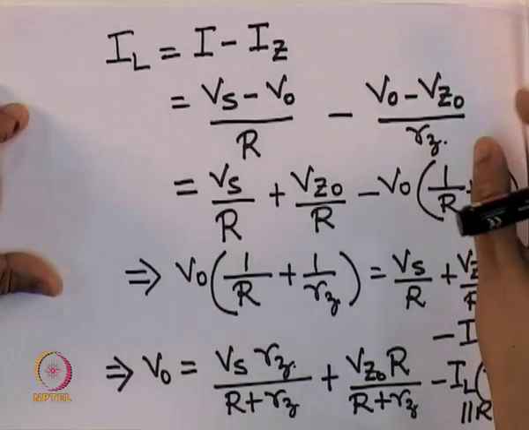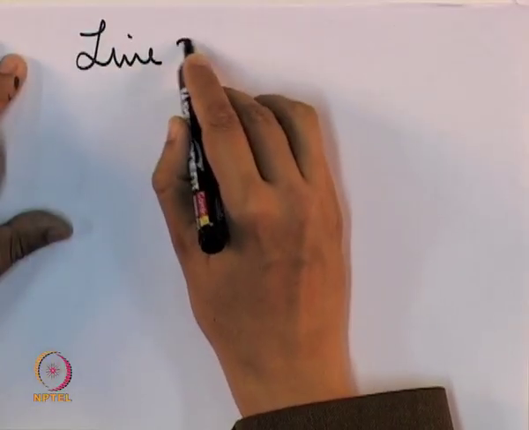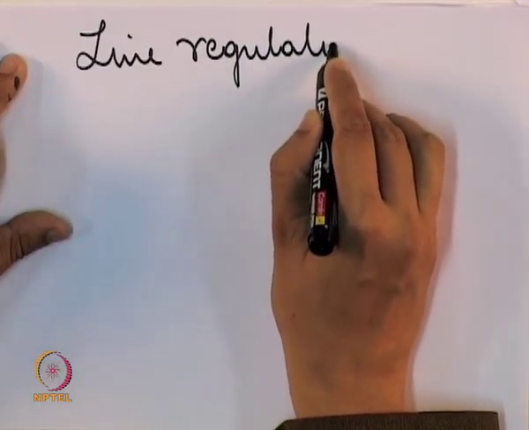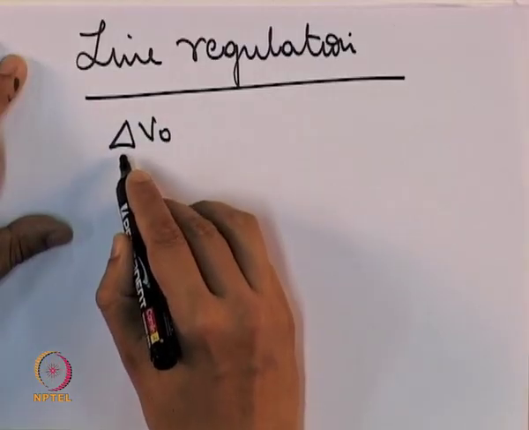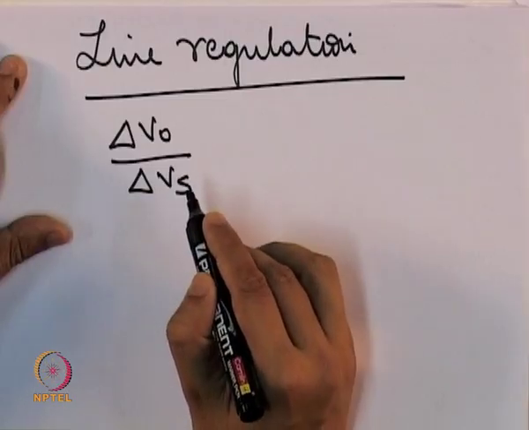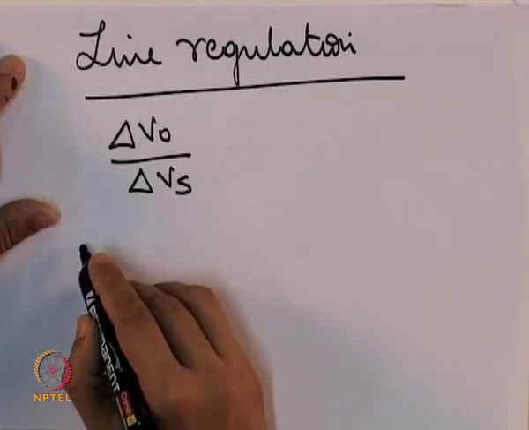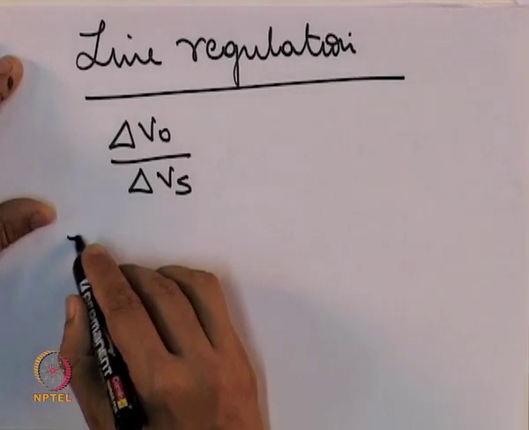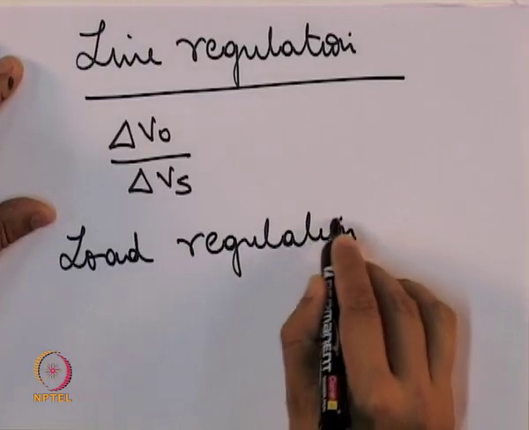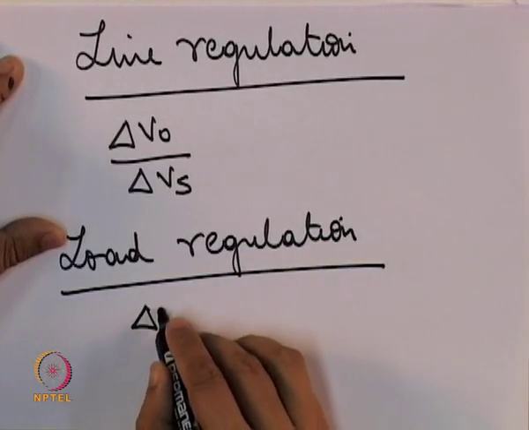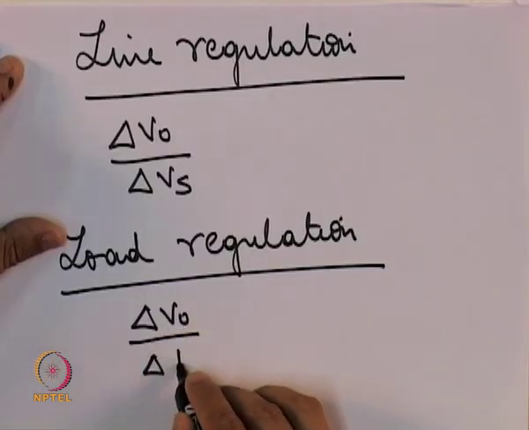Now, two terms that are frequently used as performance criteria of a Zener diode are, one, known as line regulation, which is defined as the change in V 0 due to change in the source voltage V s, and the other parameter is load regulation, which is the change in V 0 due to change in the load current.